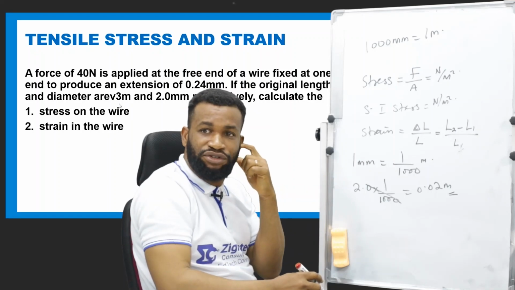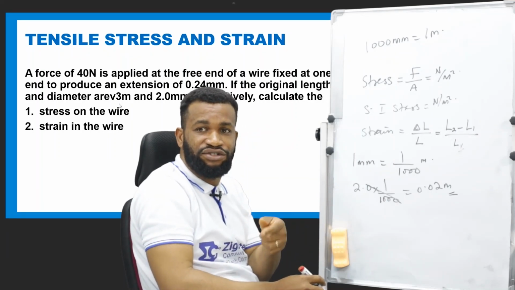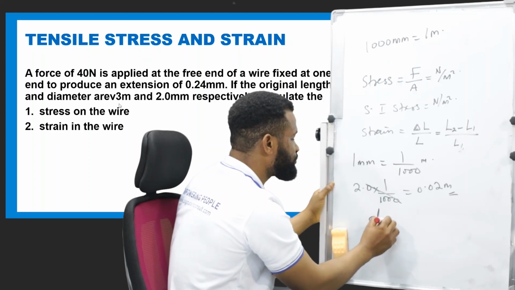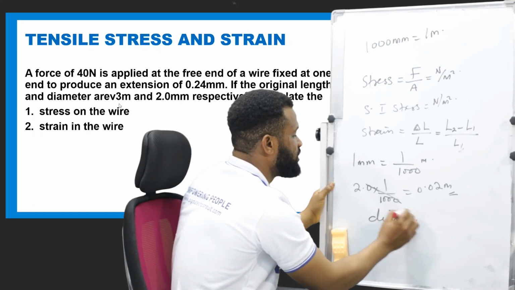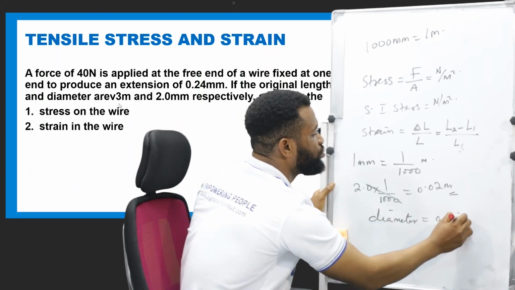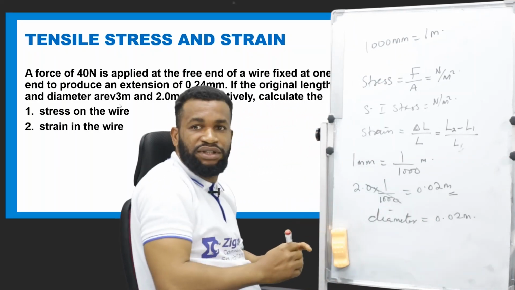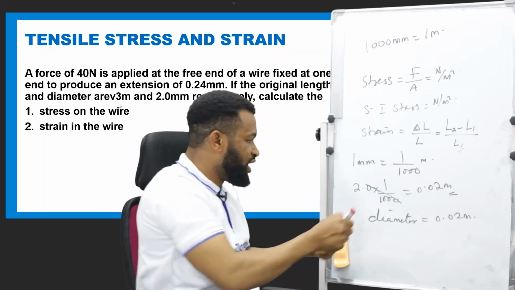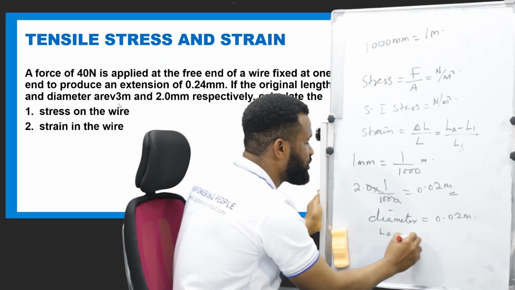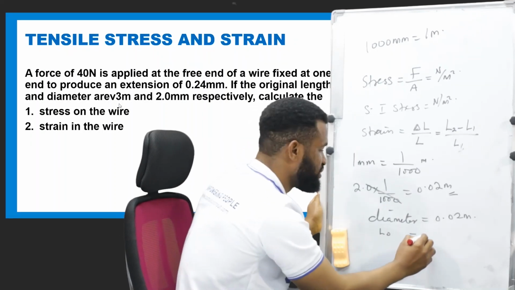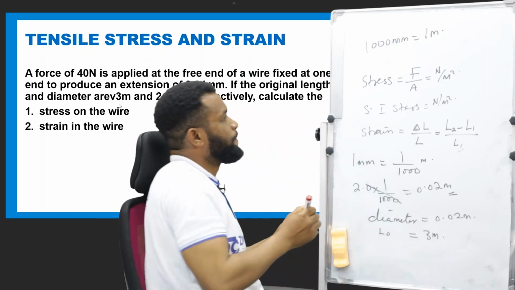And that is the diameter. Diameter is going to be 0.02 meters. Then when we talk about the original length, L sub naught is going to be 3 meters.